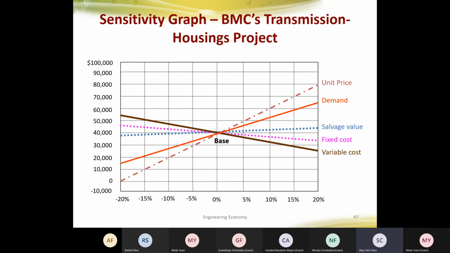Like unit price is too risky. Right? You have to make sure of the value that you estimate. Otherwise, 20% more to 20% less can make the most significant impact. This is our sensitivity analysis. Next.